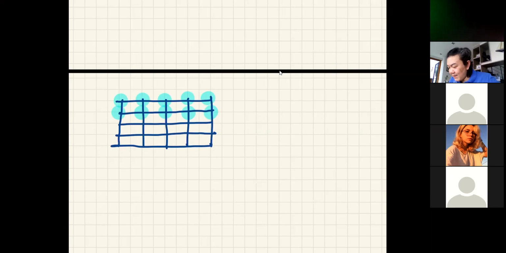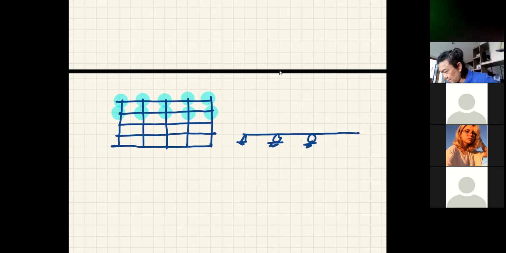Now, because I have so many supports, I can draw the beam and we have 5 supports, right? Like this, 1, 2, 3, 4, and 5, okay? And in concrete structure, it's a lot easier to cast this beam at once, not breaking it. So you end up with the structure that looks like this.